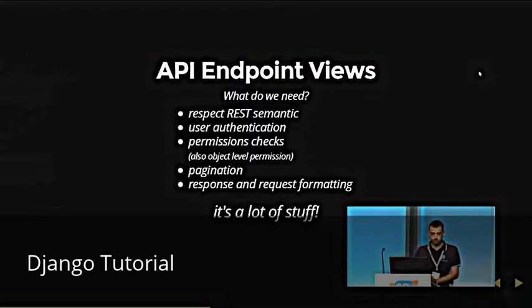Also, sometimes object-level permissions. Sometimes you need to paginate your endpoints because you get a lot of results. And also you maybe want to handle response and request formatting to support, for example, JSON, XML, YAML.